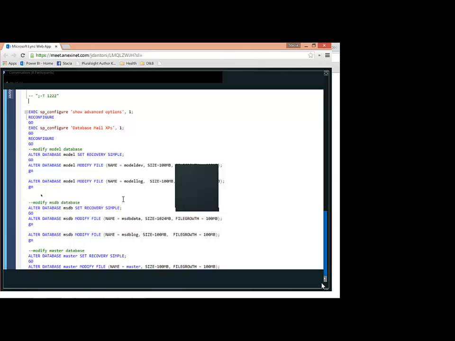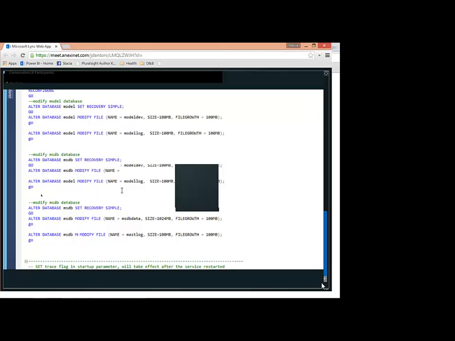And then finally, I did master as well. You don't necessarily have to go back in and fix these, but I like to, if for nothing else, in my compliance scripts, I check to see if there are any databases that are set to the default settings, and it's something I like to alert on.